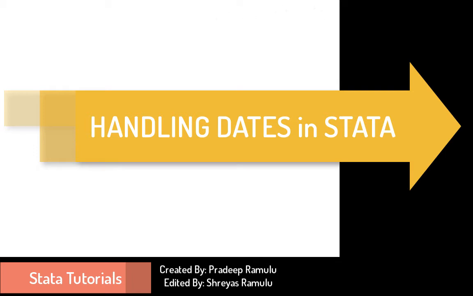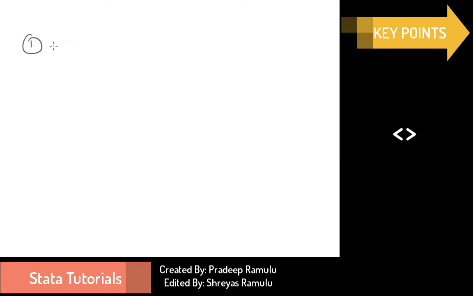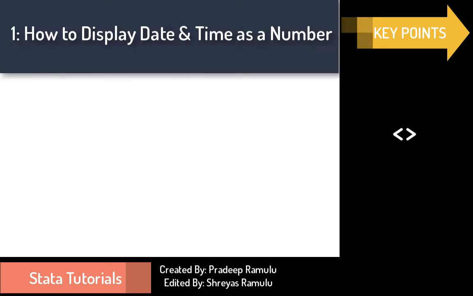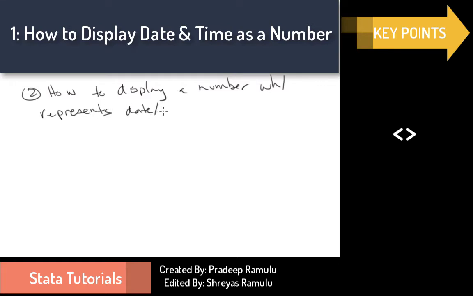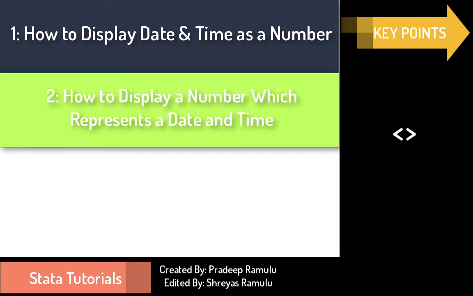So the current lecture is going to go over how we deal with dates and times in Stata, and there's going to be three separate parts of the lecture. The first is how to transform a date or time into a number. The second is going to be how to display a number which represents a date or time in Stata.